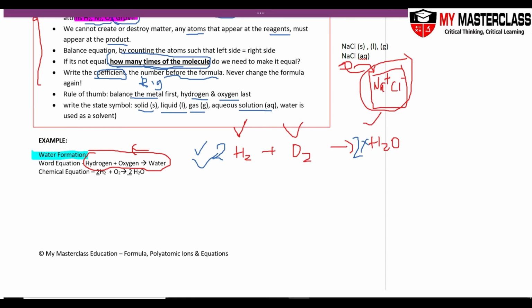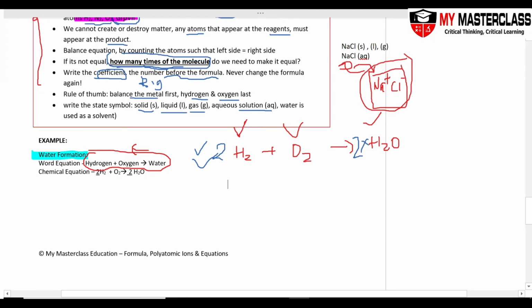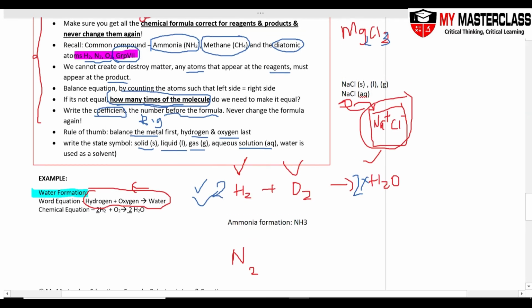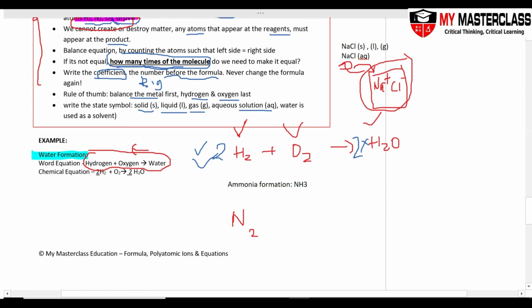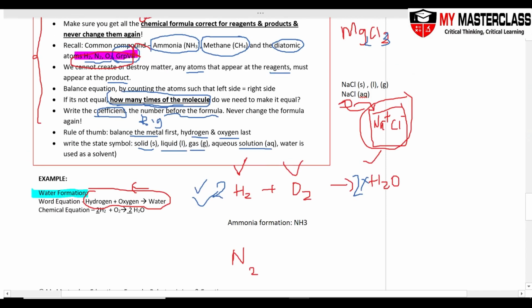In another example, let's say ammonia formation. Step 1 is to remember ammonia is NH3. NH3 ammonia is made from nitrogen, again a diatomic. Over here, they exist as 2 atoms, covalent bonding. Plus hydrogen gives me NH3 ammonia.